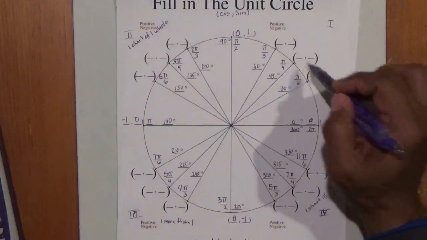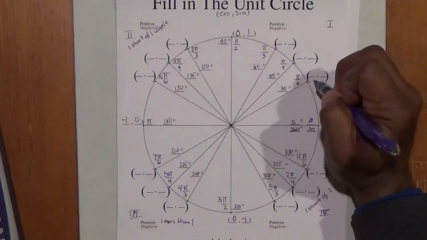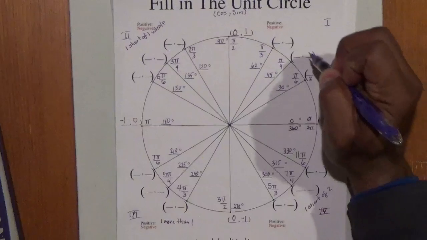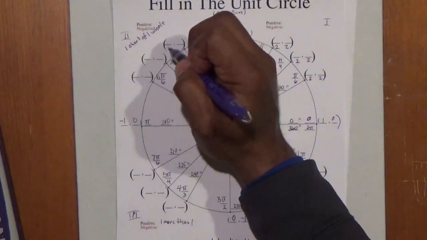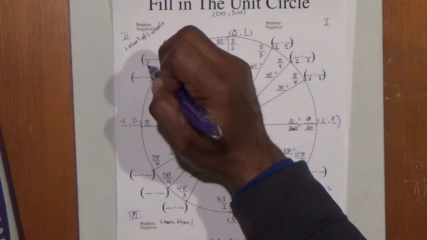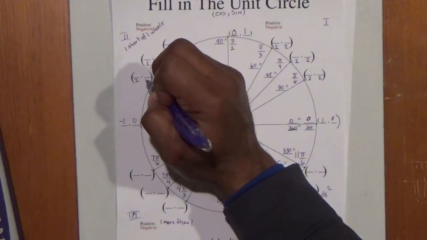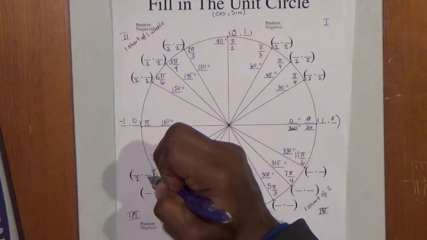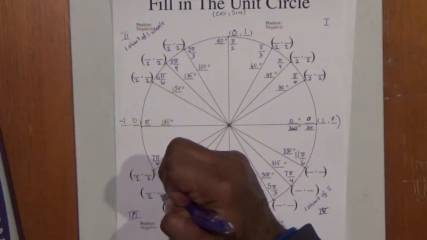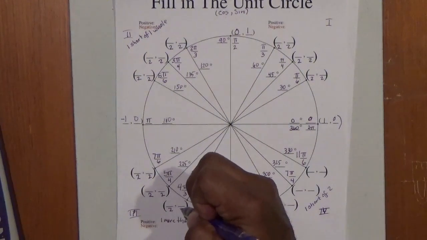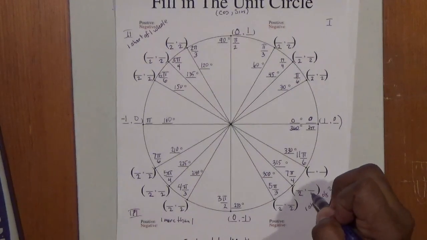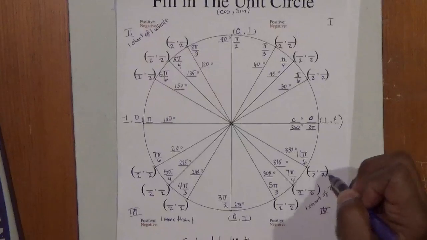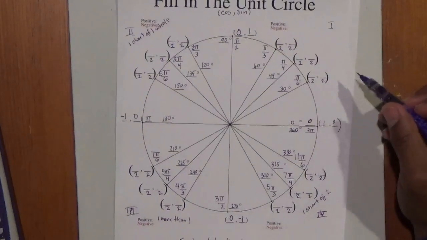Before we start any of these values, we're just going to write over 2 in all of them. In the first quadrant, everything is positive.